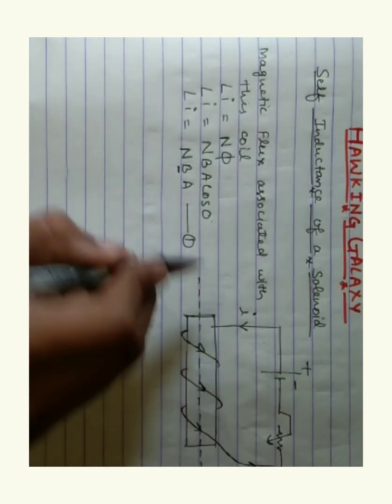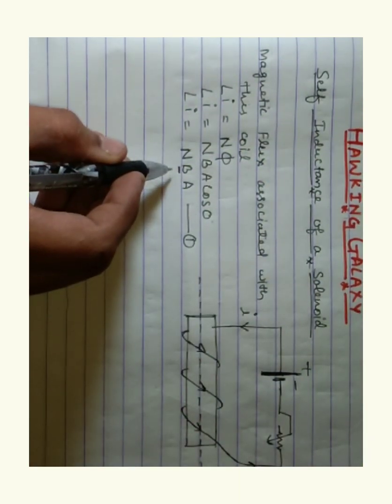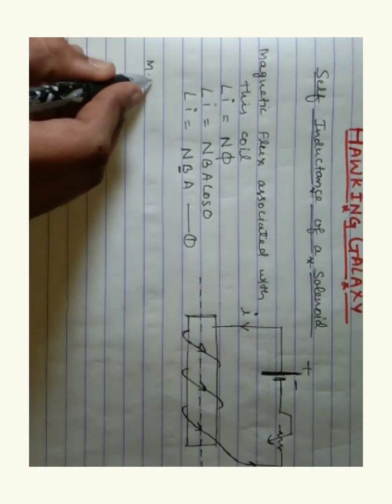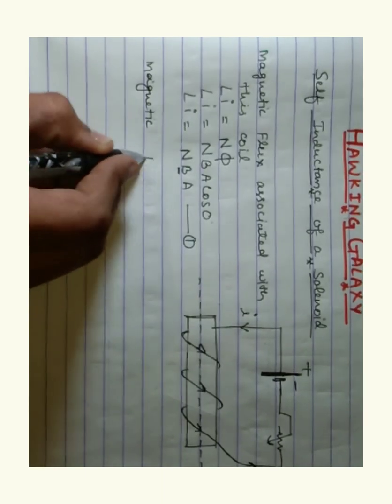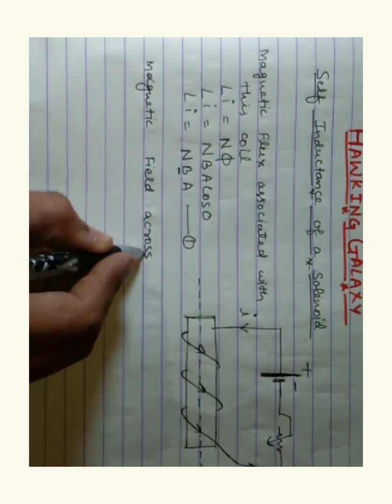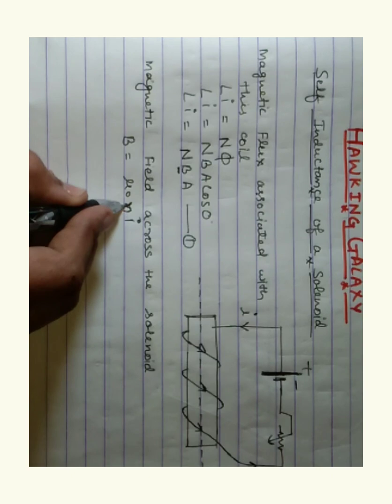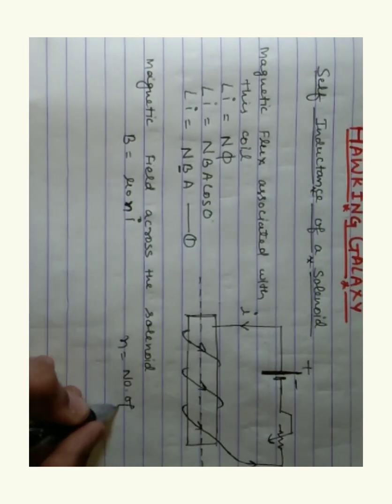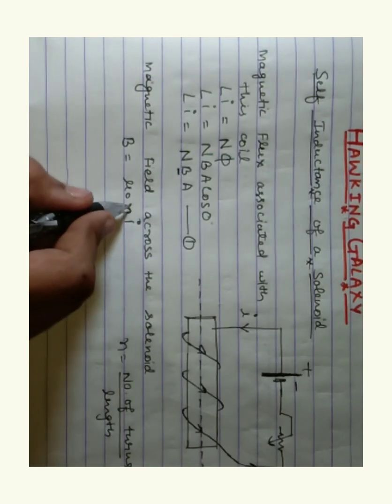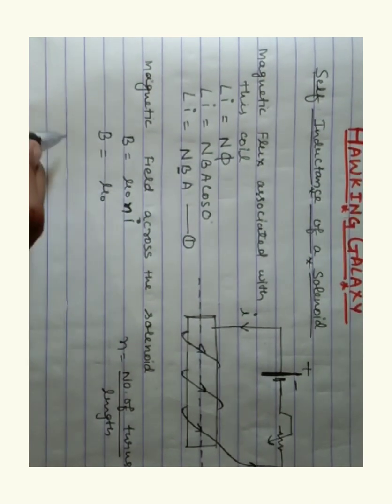The magnetic field across the solenoid, as we all know, is mu 0 n I. But this n is not the number of turns, it is the number of turns per unit length.